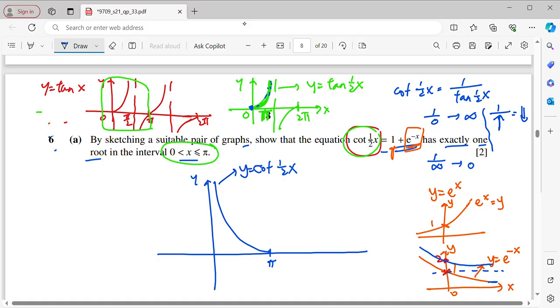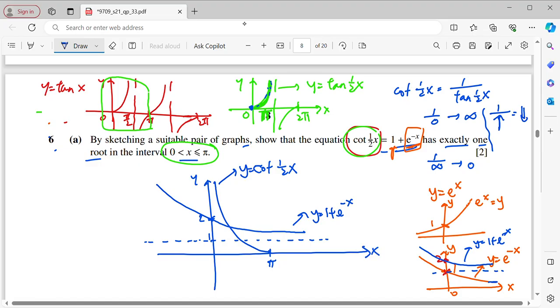So it's something like this. So this is your y equals 1 plus e negative x. So let's say here is 1. Okay, let's say here is 2. So now my graph is going to be like this. So this is my y equals 1 plus e negative x.